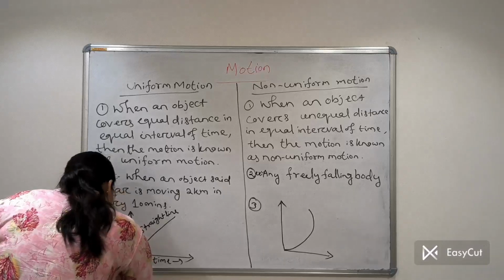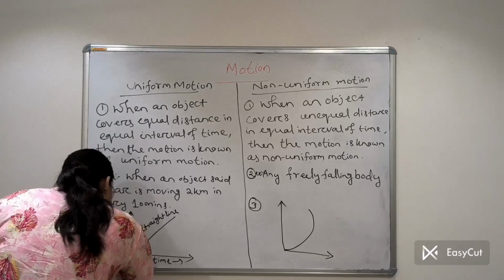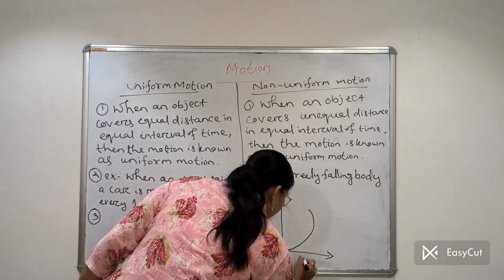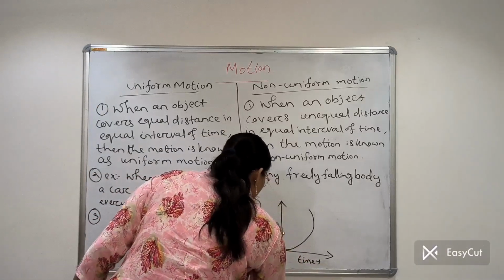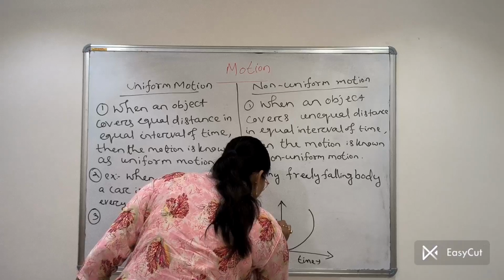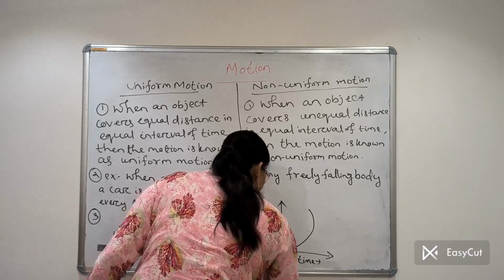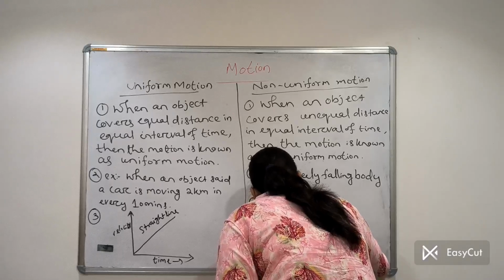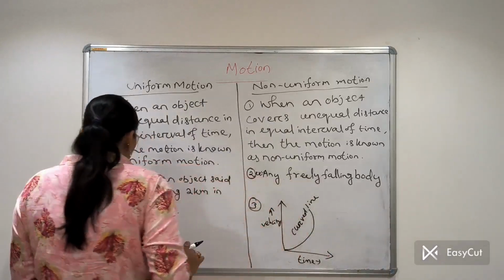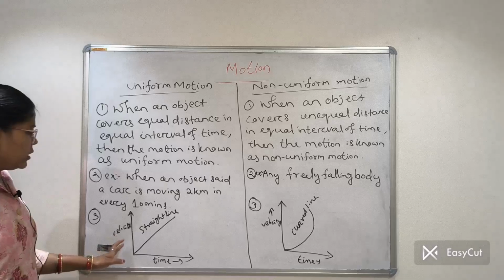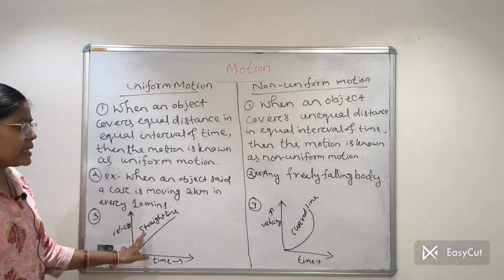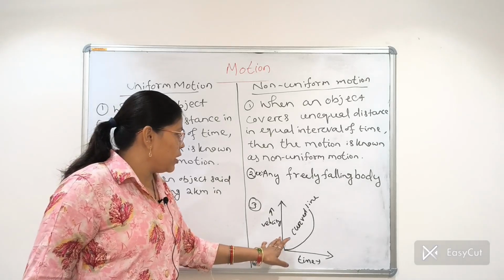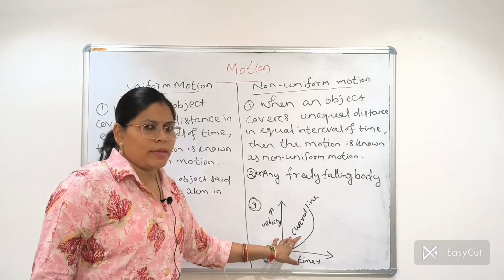On the x-axis we take time, and on the y-axis we take velocity. This is a curved line. That means in uniform motion the nature of the curve is a straight line, and in non-uniform motion the nature of the curve is a curved line.